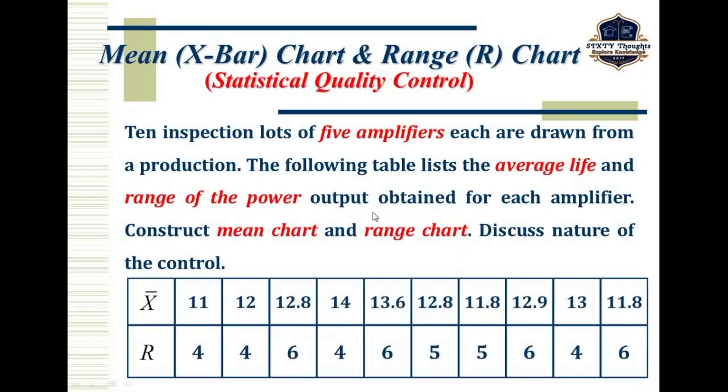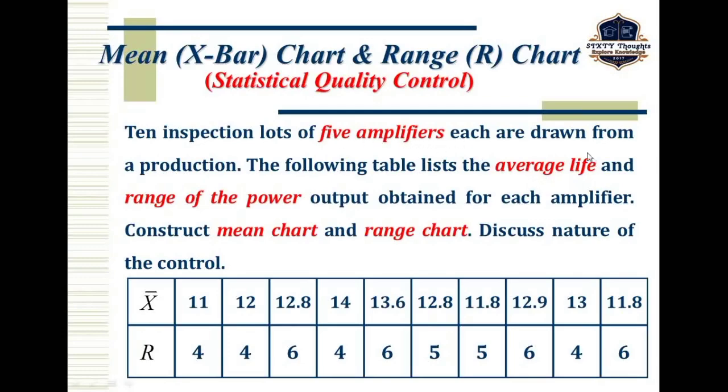What is given in the statement? We have 10 samples, that means 10 inspection lots of 5 amplifiers each. So totally we have 10 samples, and each time we are taking 5 amplifiers at the same time. So 10 we consider the m value, and the 5 amplifiers we take each time is the n value.